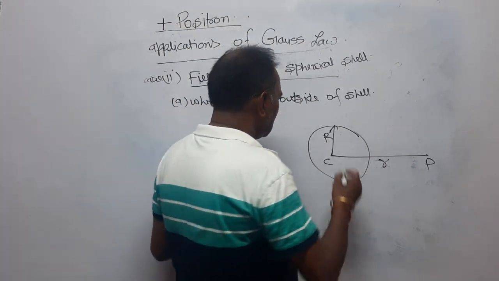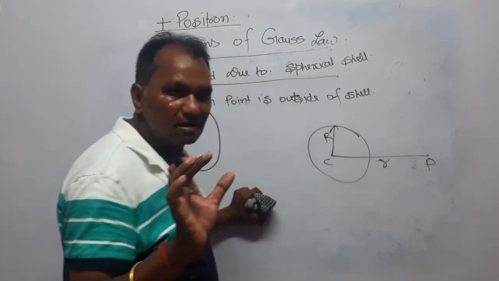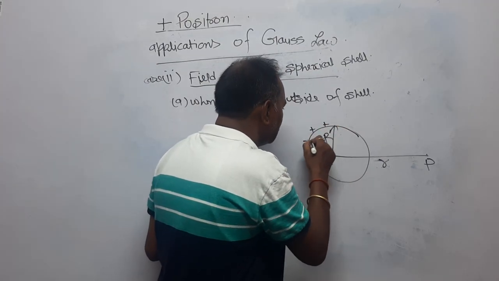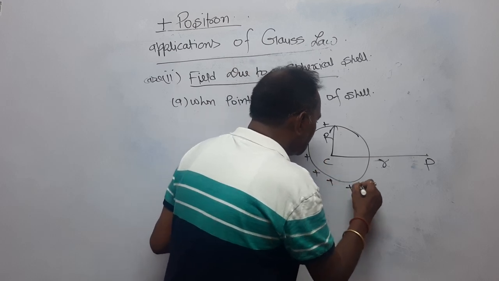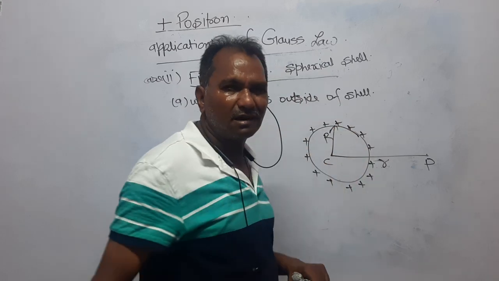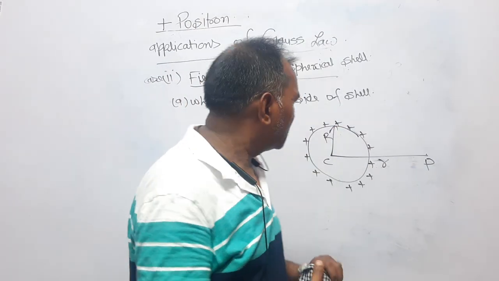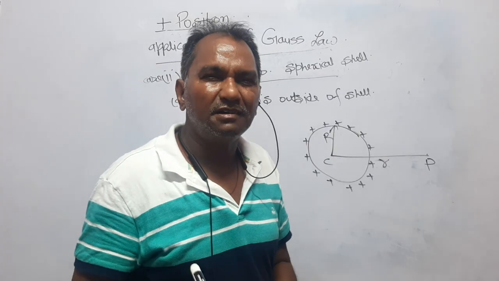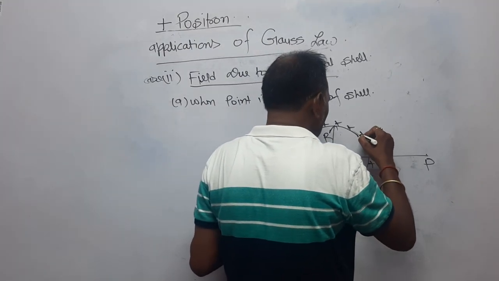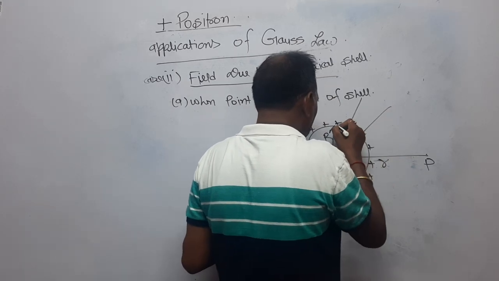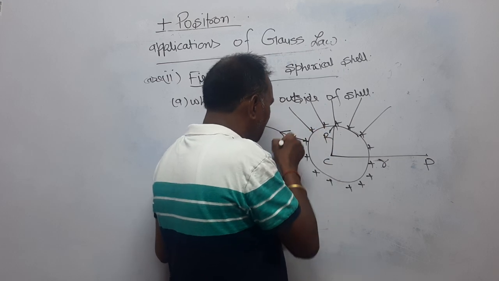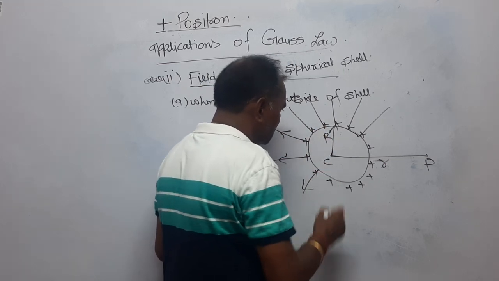Dear students, this is a spherical shell, means inside there is no material at all. It means charge is just distributed at the surface of the shell, because inside it is empty, right? So charge is distributed on the surface of the spherical shell. Now, dear students, you can see that field will just begin from the shell and will go out of the sphere like this.